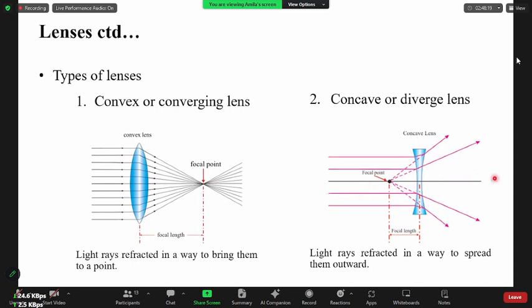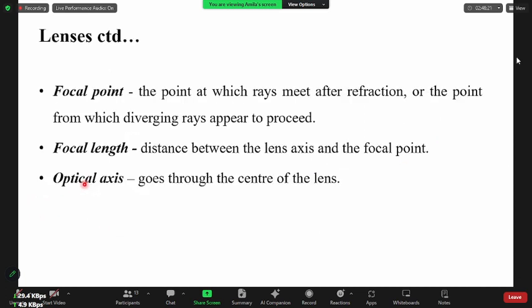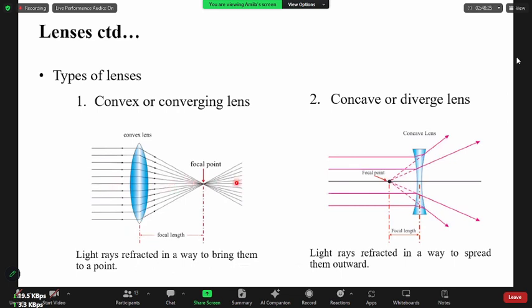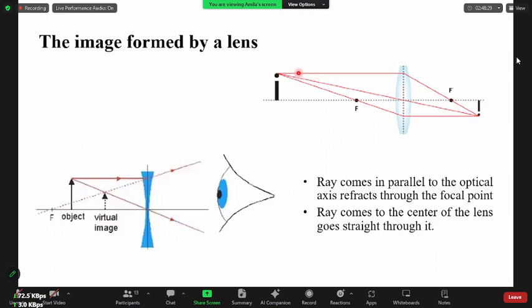Optical axis, actually, this one, goes through the center of the lens. So, rays that come parallel to the optical axis refract through the focal point. If it is parallel, it goes through F, the focal point.